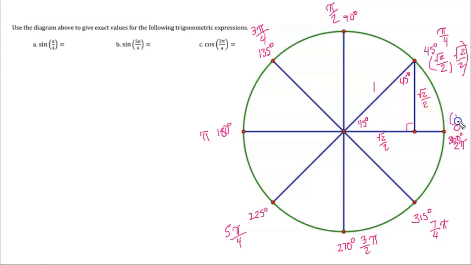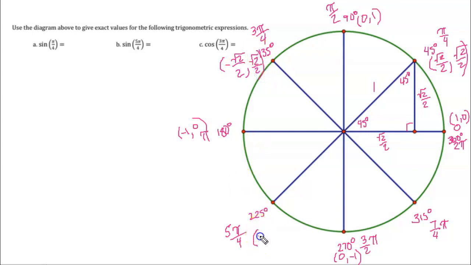We already knew this point was 1, 0. This point was 0, 1. This point was negative 1, 0. And this point was 0, negative 1. And now we can use this point along with our symmetry to help us find the others. This one would be negative square root of 2 over 2, square root of 2 over 2.